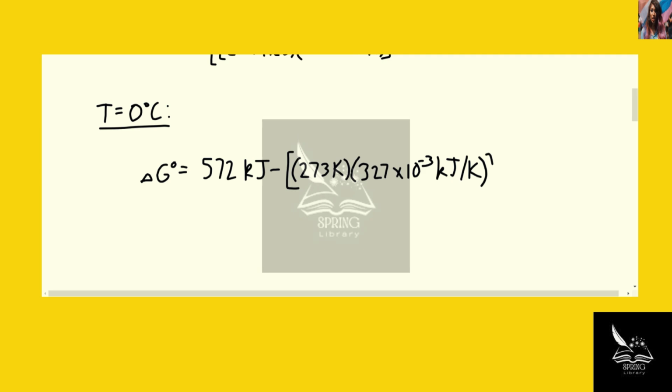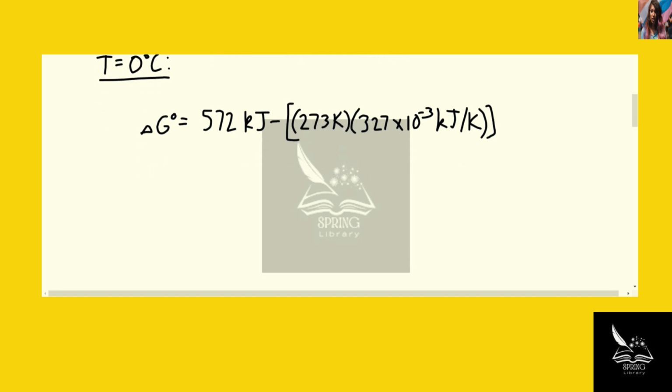So delta G at standard conditions is equal to delta H at standard conditions, which we found was 572 kilojoules, minus T, which 0 degrees Celsius corresponds to 273 Kelvin, times delta S at standard conditions, which we calculated to be 327 joules per Kelvin, but we need to divide by 1,000 to convert to kilojoules, so that after we cancel off units of Kelvin, we can subtract the units of kilojoules.